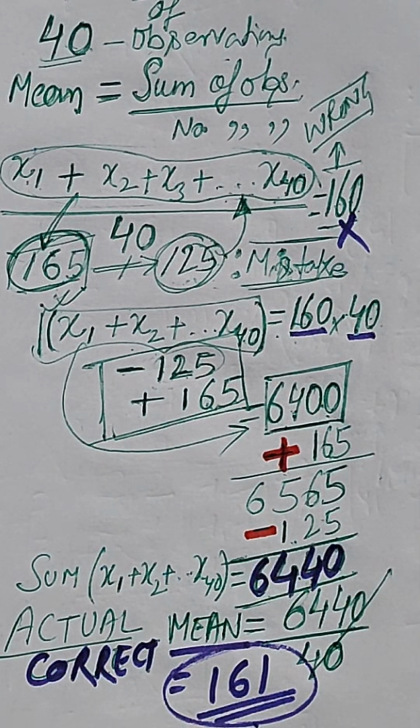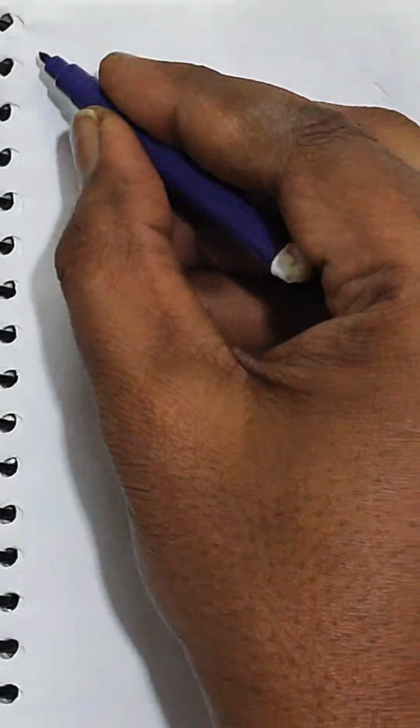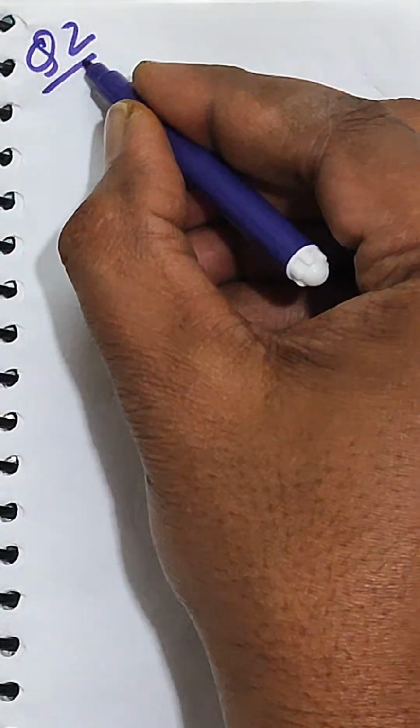Now quickly going to the second question. Okay, the mean of 200 items was 50. So what we will do in question number 2 is that the mean of 200 items.